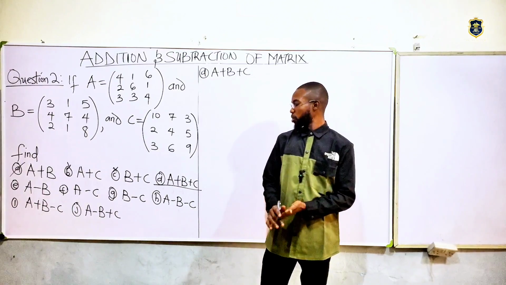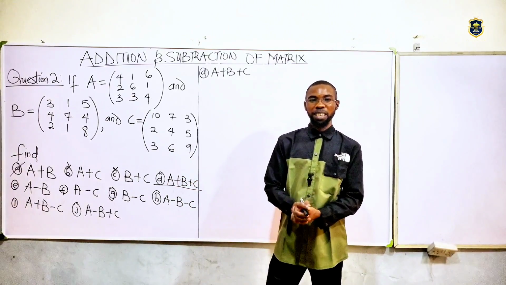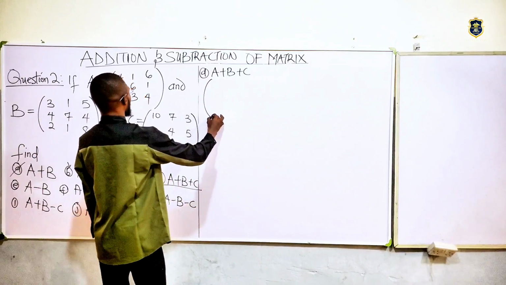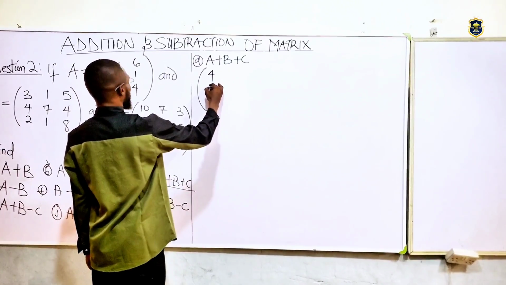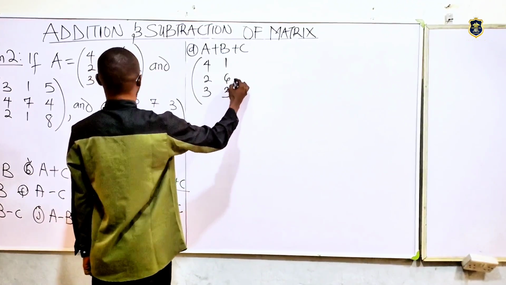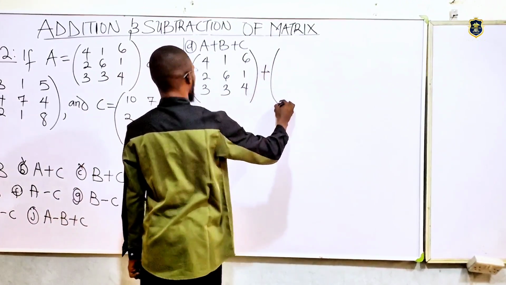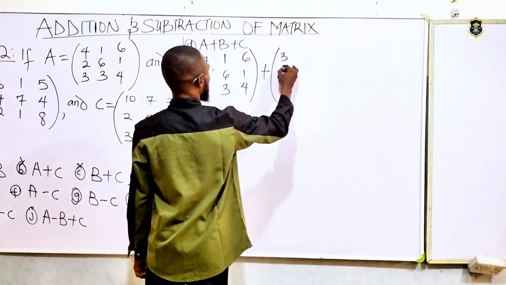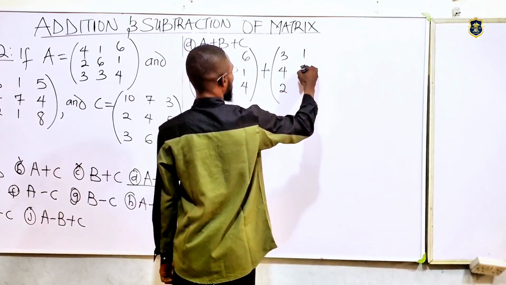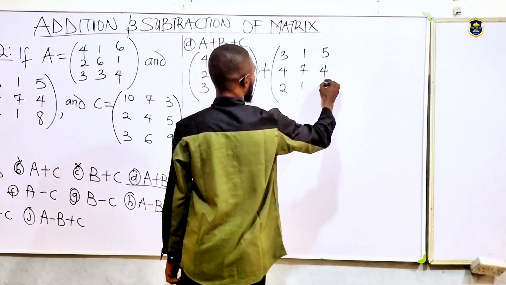Alright guys, let's look at how to calculate the value of A plus B plus C. Let's do that in maybe 3 minutes. A is [4, 2, 3], [1, 6, 3], [6, 1, 4], plus B is [3, 4, 2], [1, 7, 1], [5, 4, 8].